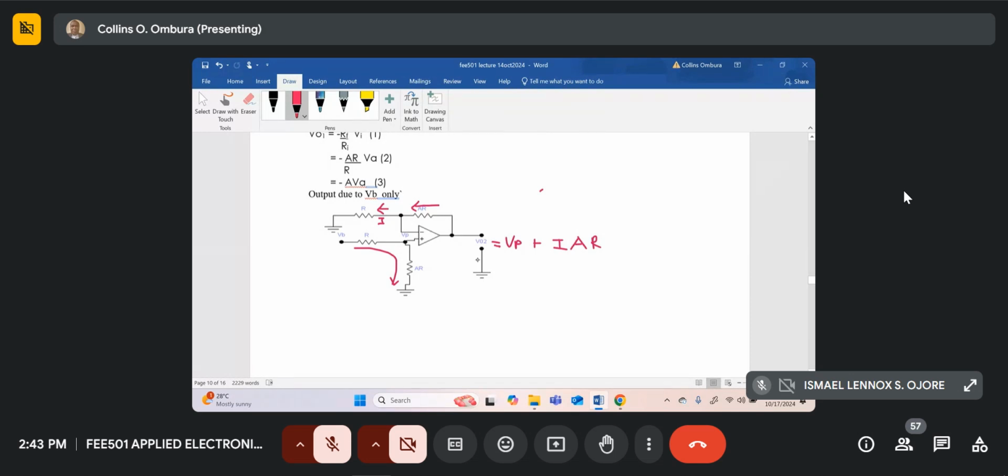So from this input circuit with the VP, you just get that VP is equal to VB into AR all over R plus AR.